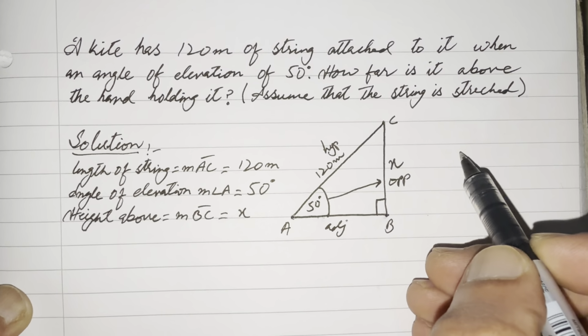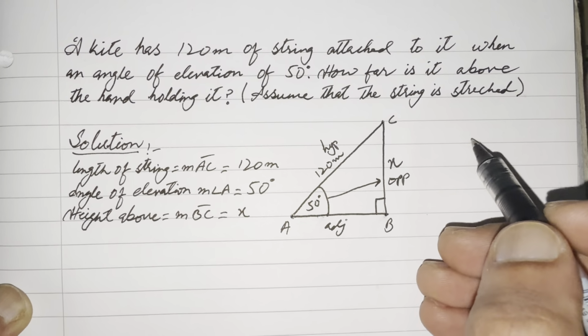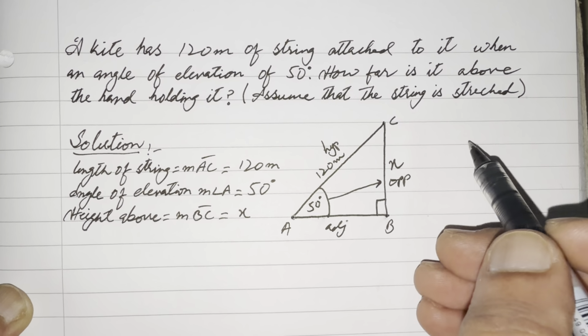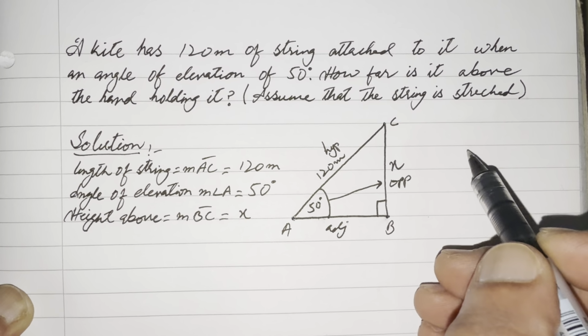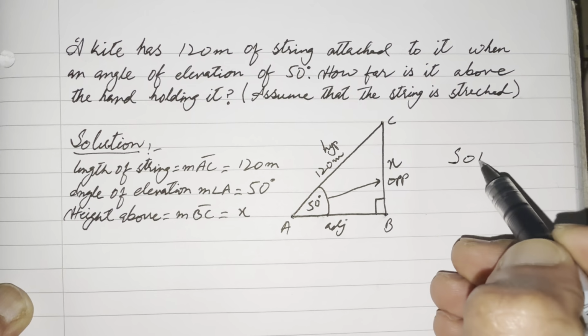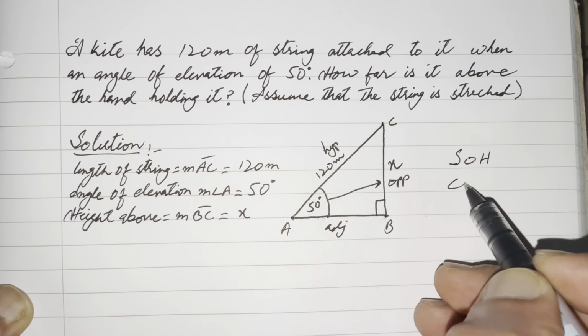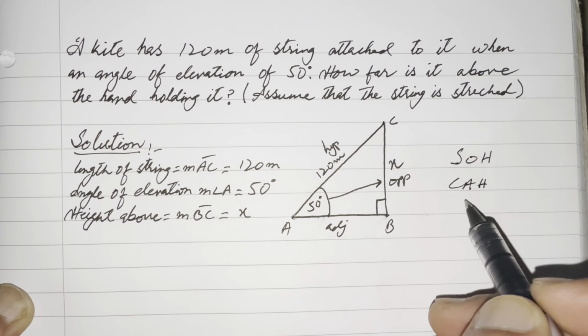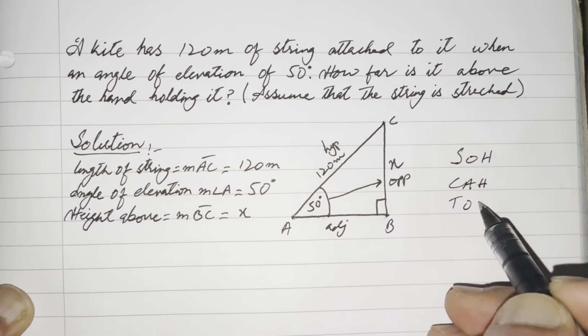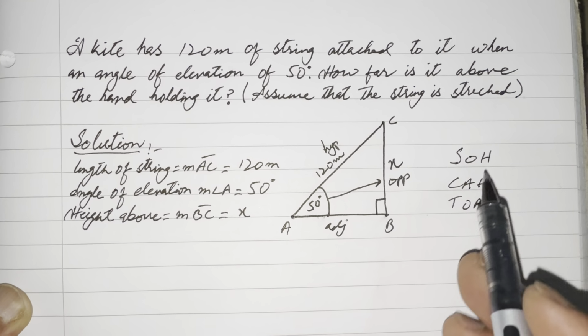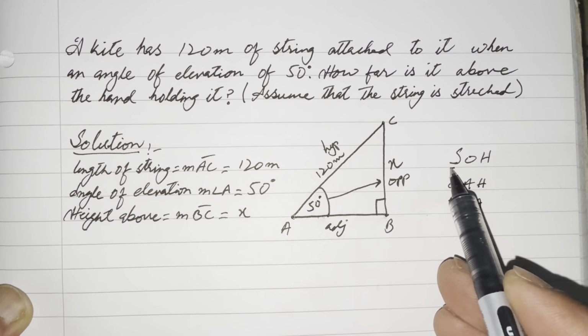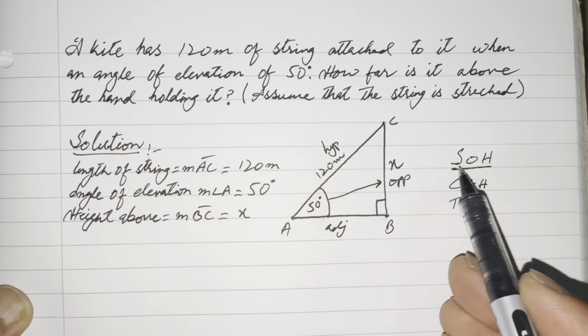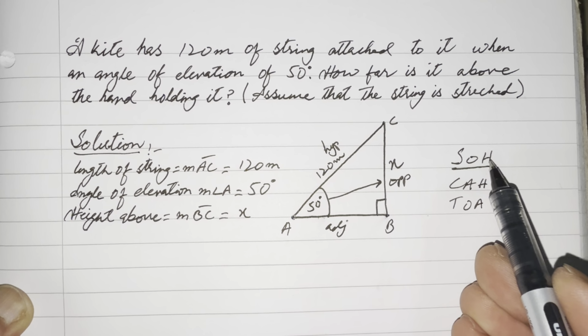If you remember these three magical words, SOH CAH TOA, so S for sine, O for opposite, H for hypotenuse.